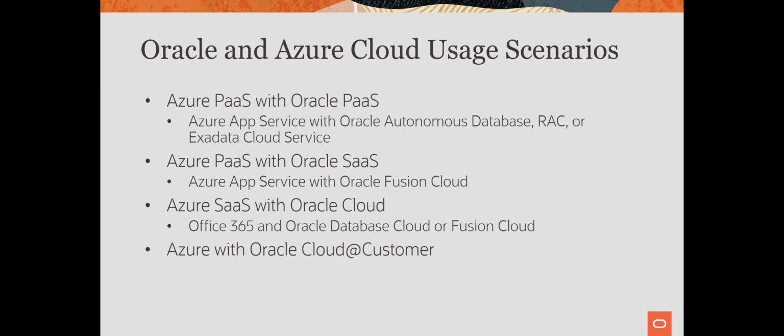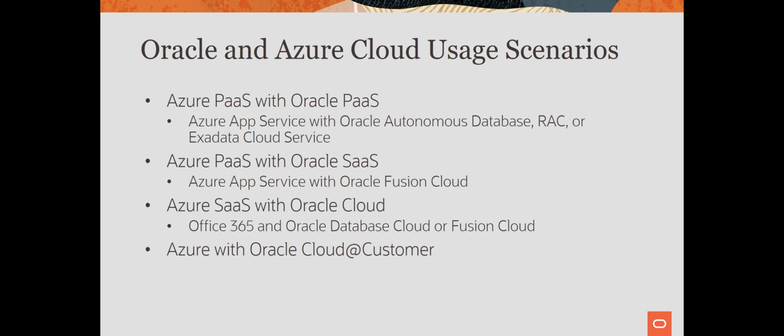That's something we're seeing very commonly. Azure PaaS with Oracle SaaS. That's something like Azure App Service with Oracle's Fusion Cloud, for example. And another common one is Azure SaaS with Oracle Cloud, so something like Office 365 using the database cloud or the Fusion cloud.